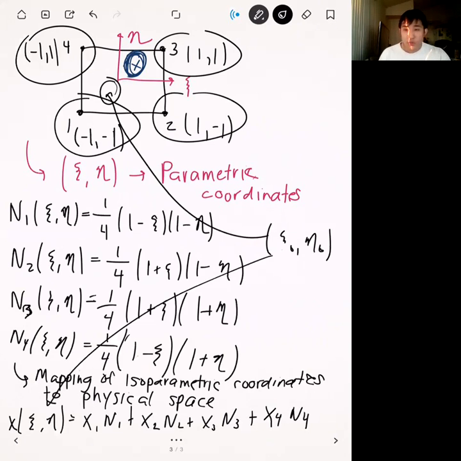And this is really important because we're going to use this mapping whenever we evaluate any kind of integral expression. And so this is just the x, and the y looks exactly the same as this. You just replace all the x's with y's.